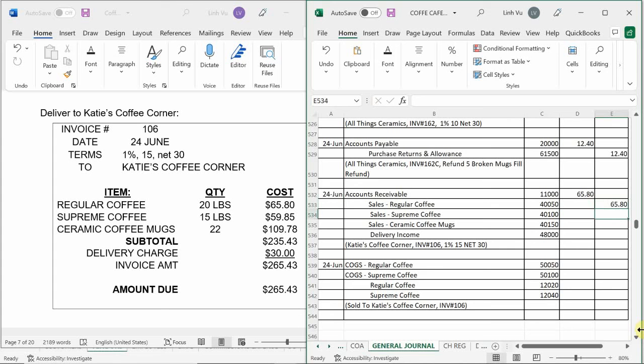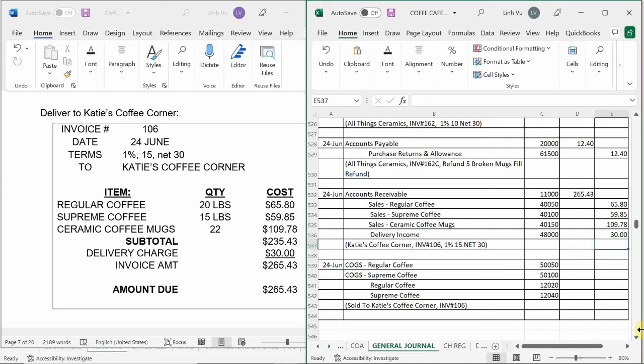How much Supreme coffee? 59.85. And the mugs, 109.78. And a $30 delivery charge. So in grand total, she should owe me $265.43. So good. We verified this is correct. Okay.